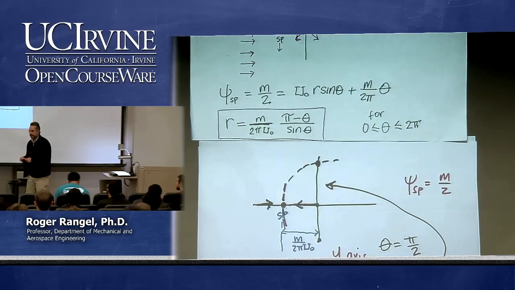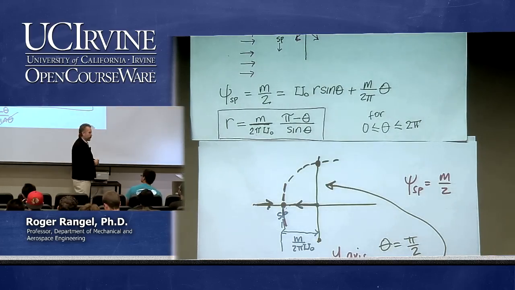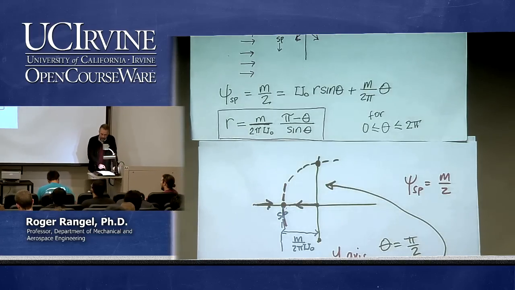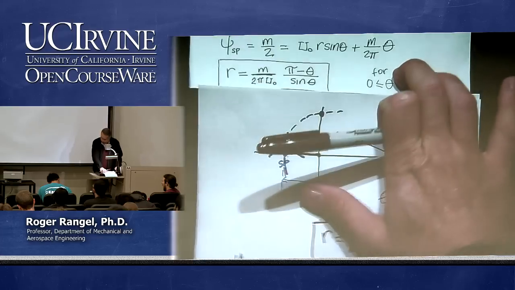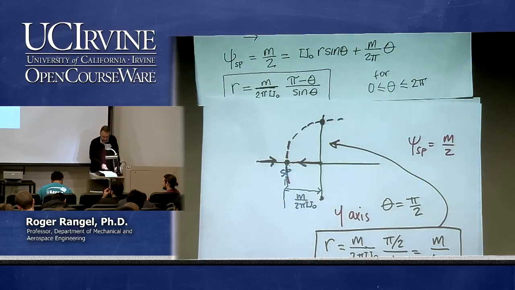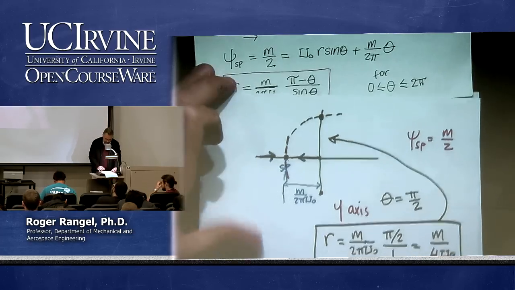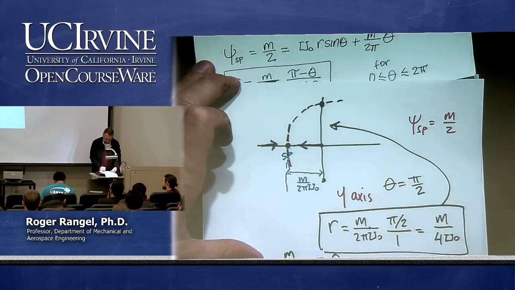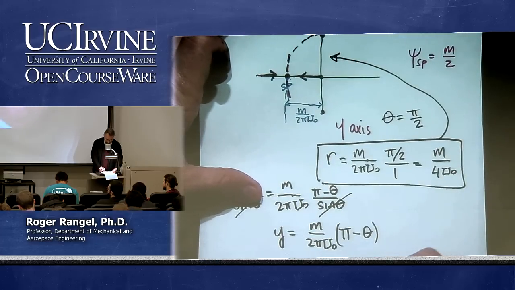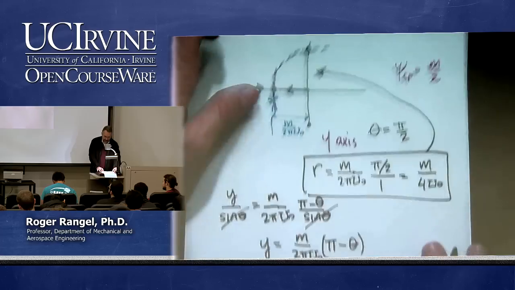Theta equals 0. And of course, that's why it was necessary to make this adjustment, because otherwise I would be dividing by a sine of 0. But I can put theta equals 0 here. So if I put theta equals 0, I get y equals m over 2 pi u naught times pi, the pi cancels, so y equals m over 2 u naught. What is this telling me?